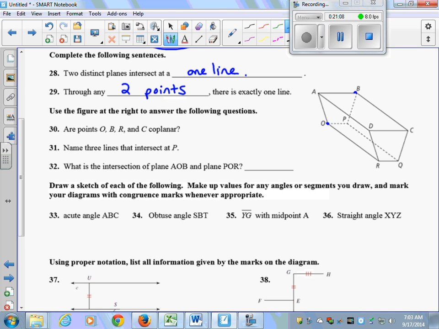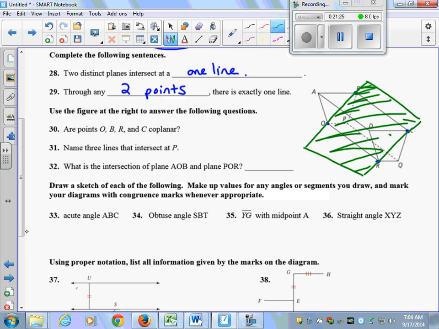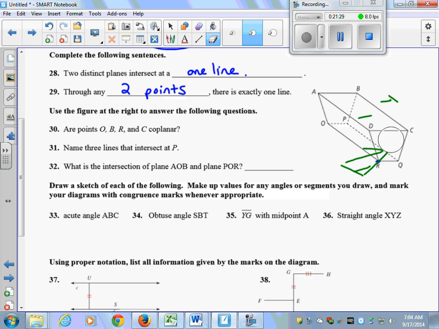You might think no at first, but I actually can put a plane diagonally through this shape like this. I don't know if you can see what I mean there, but it could go through diagonally. So actually, yes, these are coplanar.